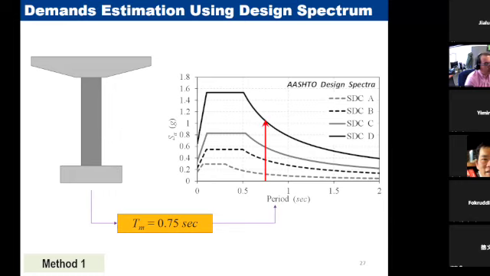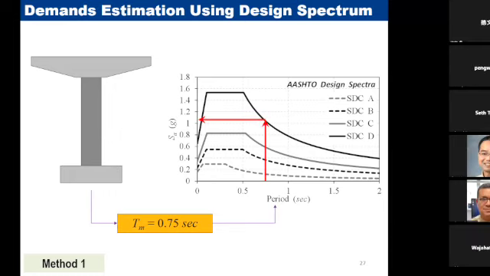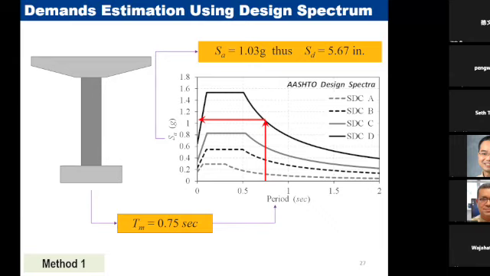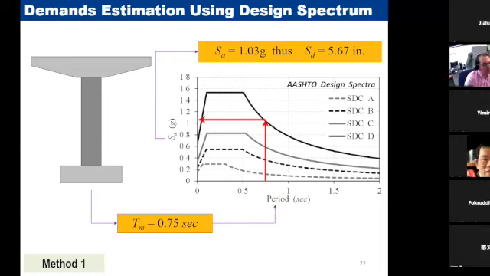And then you find your pseudo acceleration, then the spectral displacement. For example, if the natural period of this bridge is 0.75 seconds, this bridge will see 5.7 inches of displacement if it was in downtown Los Angeles. So with that, you can estimate the displacement after the earthquake.